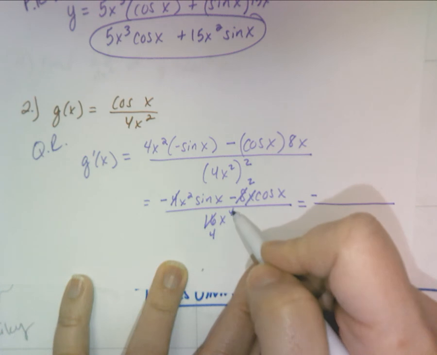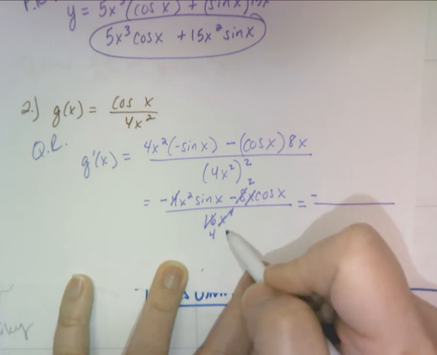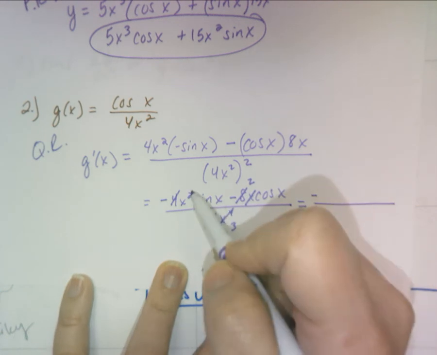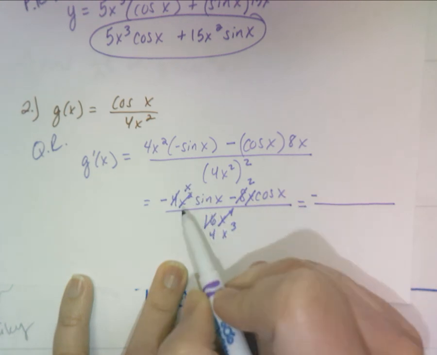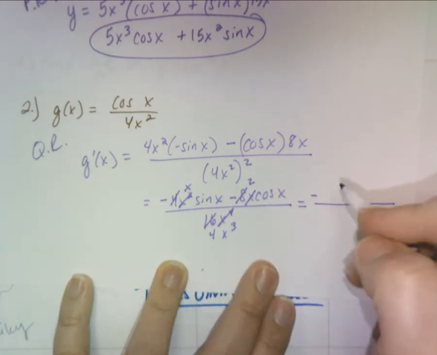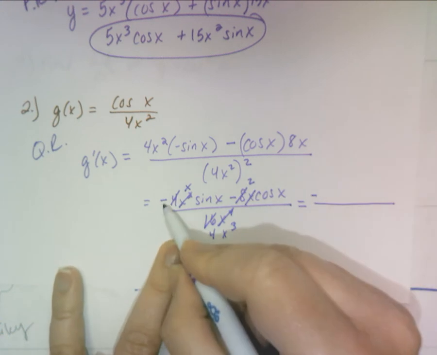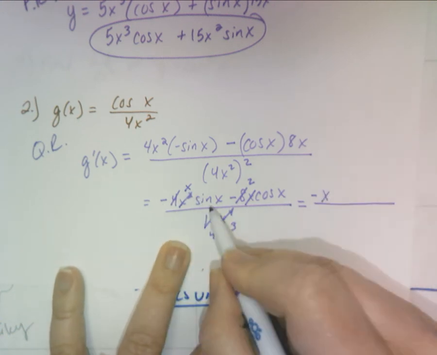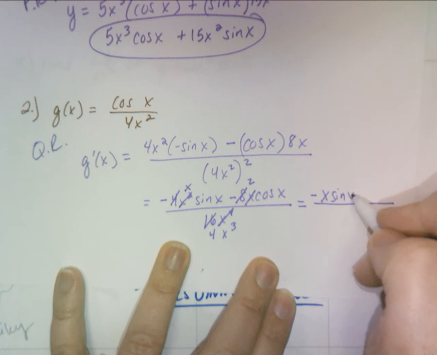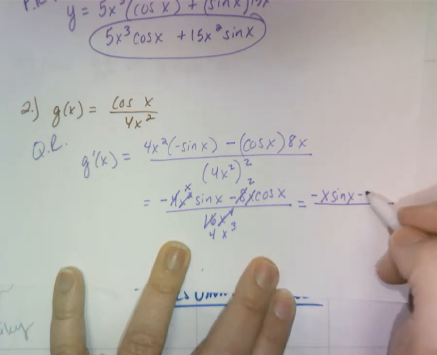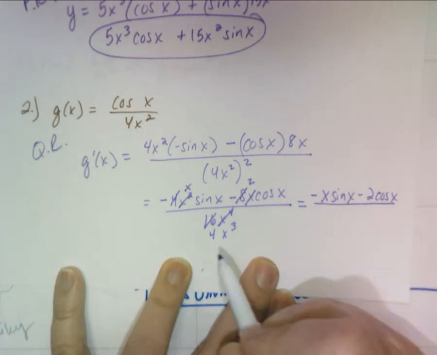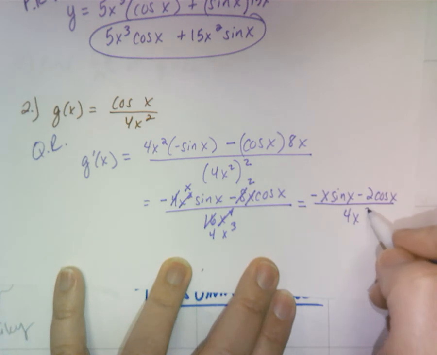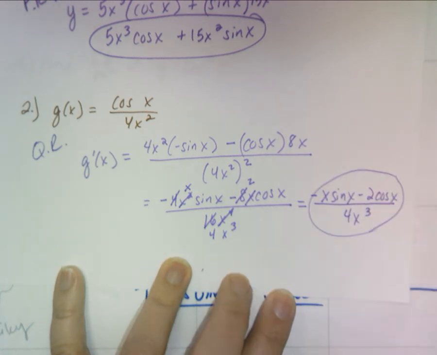So that x would go away. This would become x cubed, and this would just become an x. And then sine x and cosine x, you just can't touch. So this would be negative x sine x minus 2 cosine x over 4x cubed. That is your derivative.